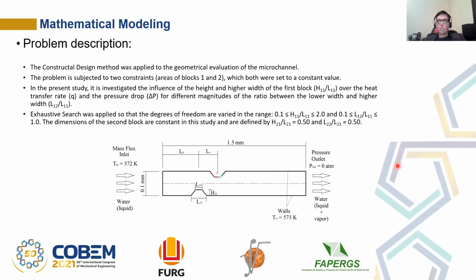We'll be investigating the influence of the height, H11, and the higher width, L12, of the first block over the heat transfer rate and the pressure drop, for different magnitudes of the ratio between the lower width, L11, and the higher width, L12, of the first block. The second block geometry will be kept constant.